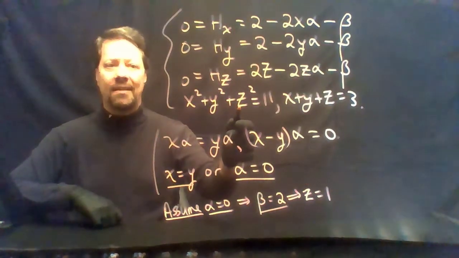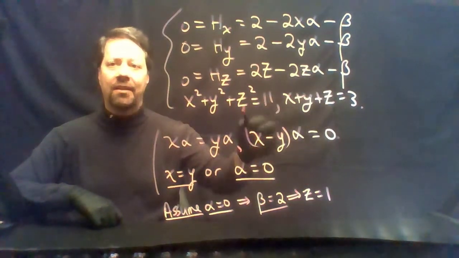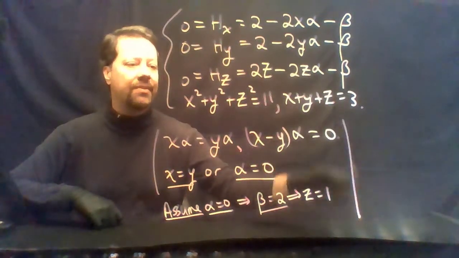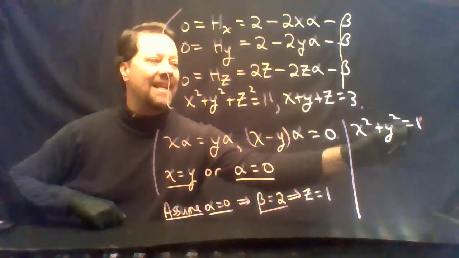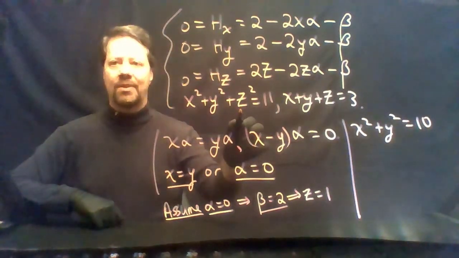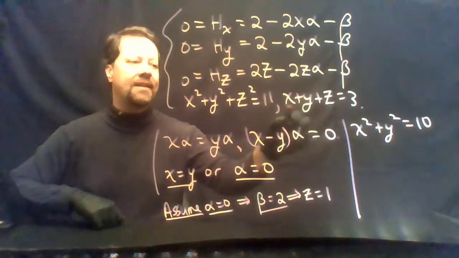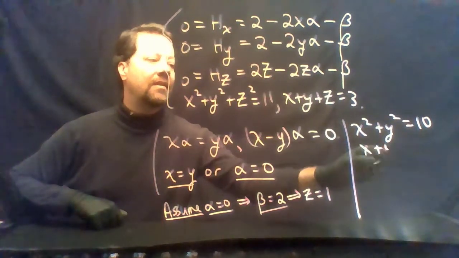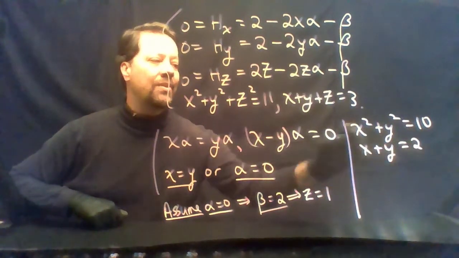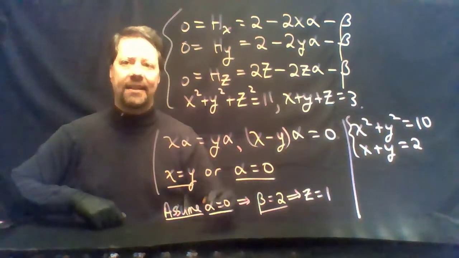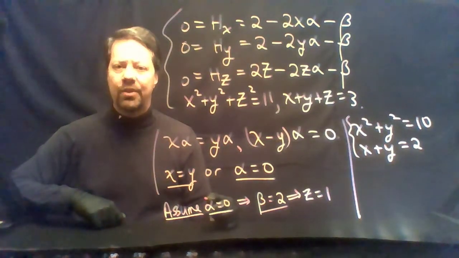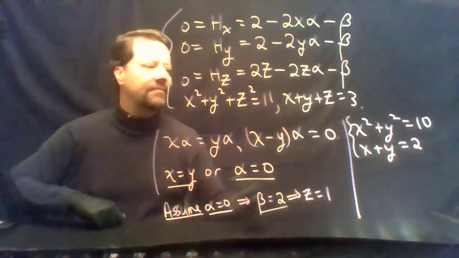If z is 1, we can plug that into the constraint equations and reduce those to x squared plus y squared equals 10. 1 squared is 1, subtract it to the other side, and also x plus y equals 2. We have a circle and a line intersecting each other. We expect to get 2 points of intersection.